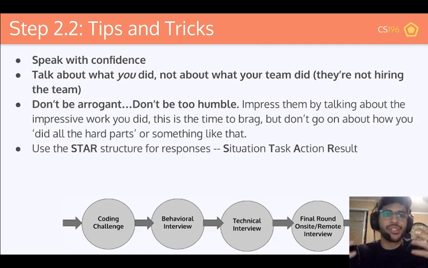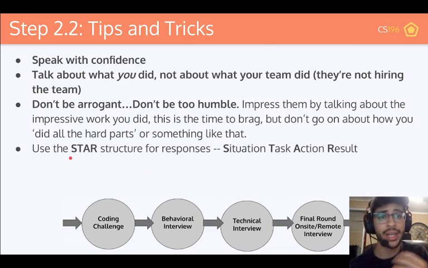This is a general structure that you can follow in making sure that you're actually answering the questions that they give you. The STAR structure is very common, so if you want to see examples of how to follow it, you could just Google it and you will find a large amount of answers on this.